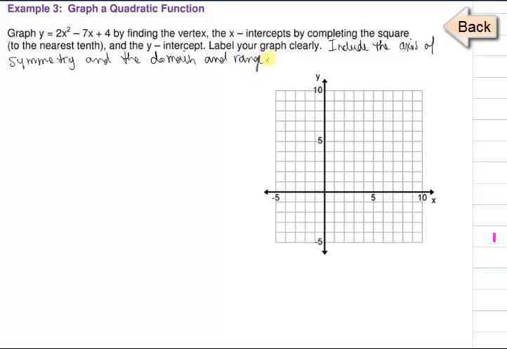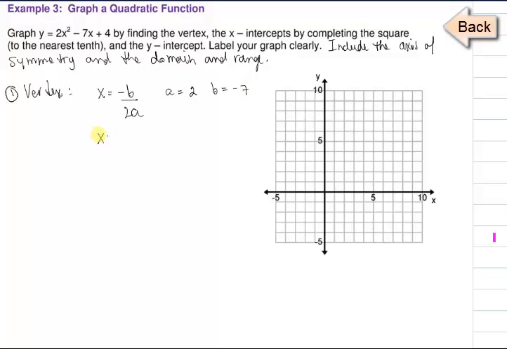Okay, so I'm going to start with the vertex. And I'm going to use my vertex formula, which is x equals -b over 2a. So according to our function, a equals 2 and b equals -7.